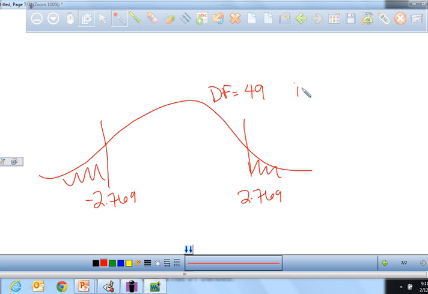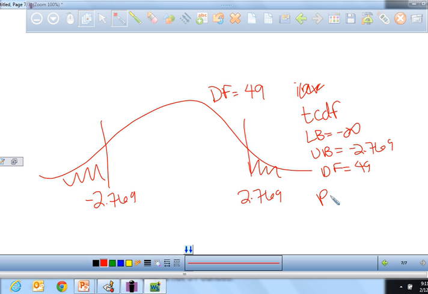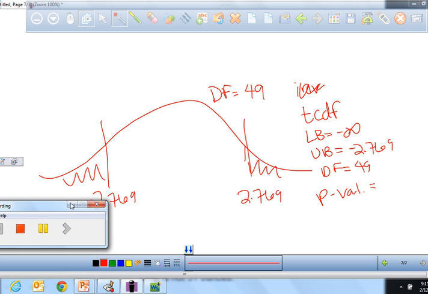And you're going to do a T CDF for the area under the curve, and like I said, you can either find this and double it, so I could go from a lower bound of negative infinity to an upper bound of negative 2.769. And then it's going to ask me for degrees of freedom, which we already said was 49, and it'll give you an exact p-value for yourself here. And then that p-value, all you have to do is double that value for yourself.